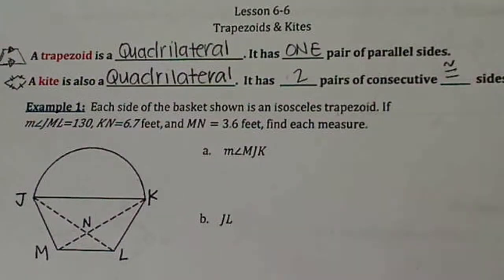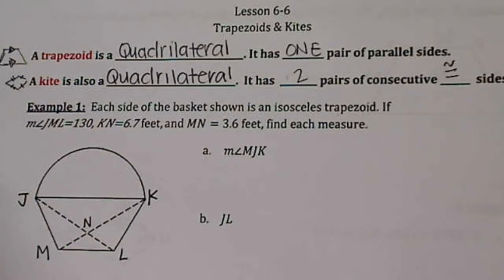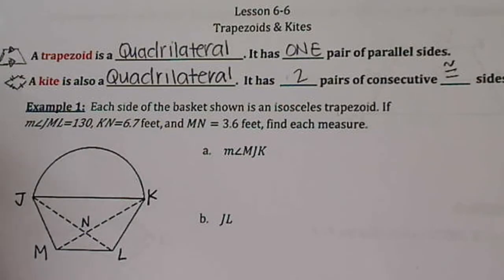It has no parallel sides, but it has 2 pairs of consecutive sides, that means next to each other, these 2 sides here and these 2 sides over here. So think about a kite that you fly. A good kite is made just like that, 2 pairs of consecutive congruent sides.